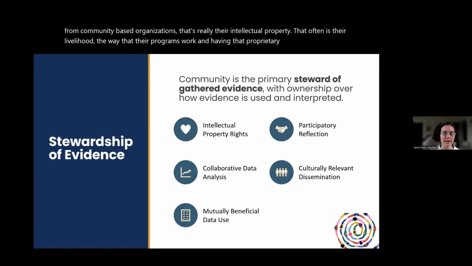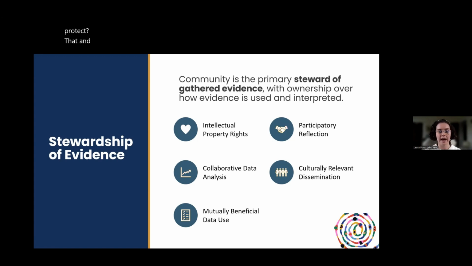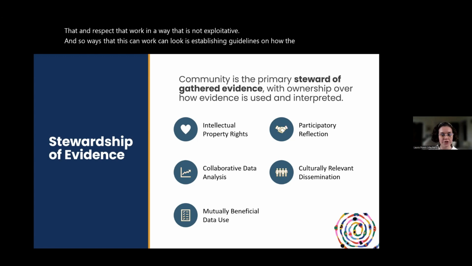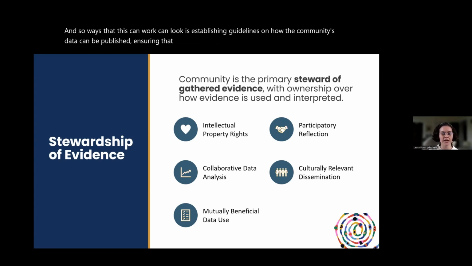So especially if you're coming from a state public health agency, how can you protect that and respect that work in a way that is not exploitative? Ways that this can look is establishing guidelines on how the community's data can be published, ensuring that they receive proper credit and control over any uses of their data or any replications of their approaches.